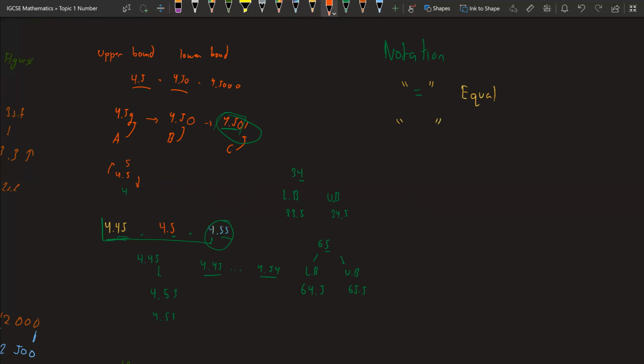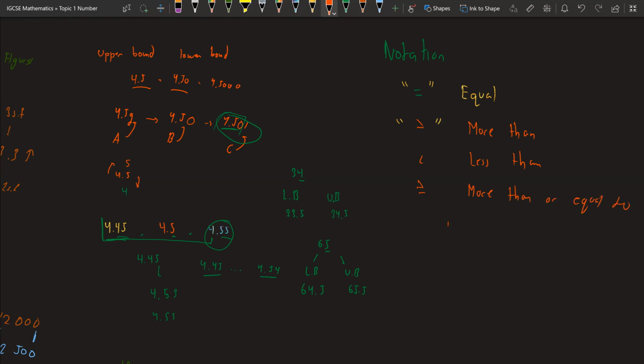Over here, we have more than. This would be less than. A more than symbol with another short line segment is more than or equal to.